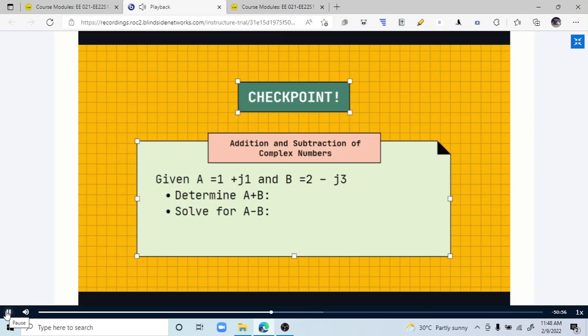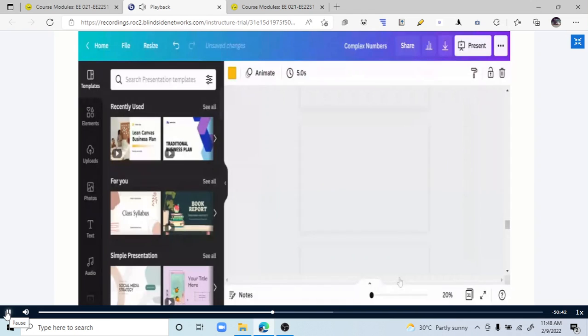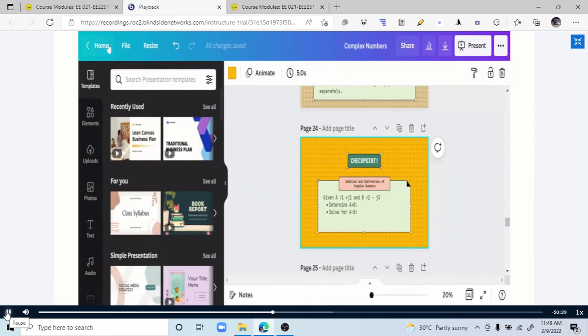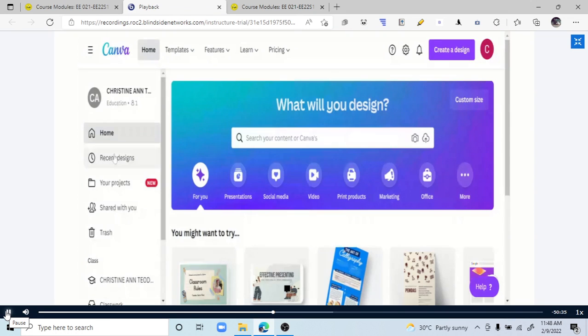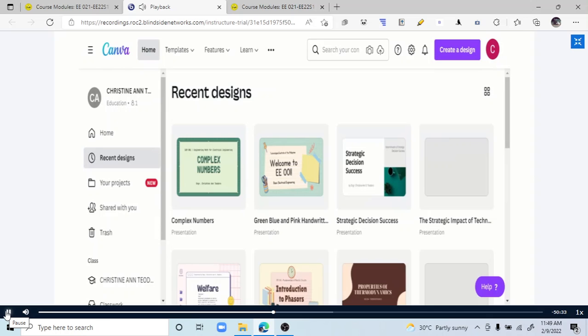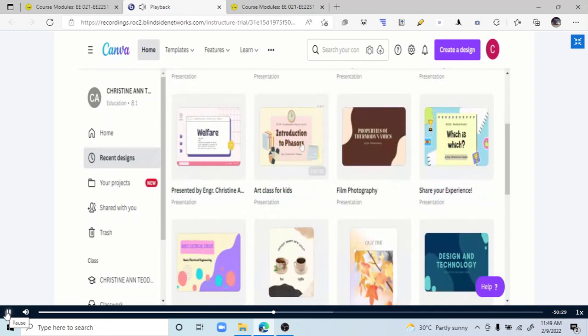Is complex numbers already clear on your part? Are you sure? Any questions before we actually move on? Any question? Clarification?